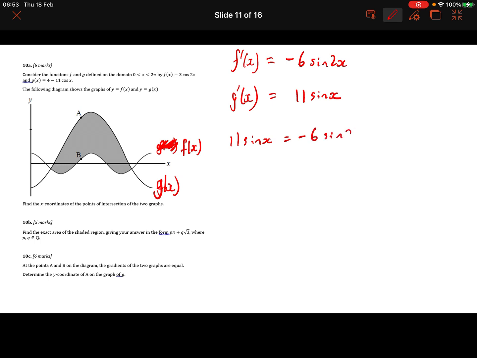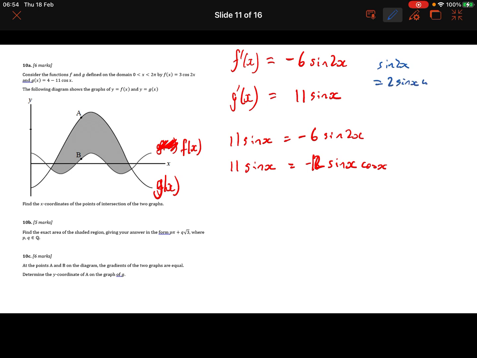And again, now we know we're going to have to start mucking around with that sine 2x formula. So you're going to get 11 sine x equals minus 12 sine x cos x. Remember that sine 2x equals 2 sine x cos x.